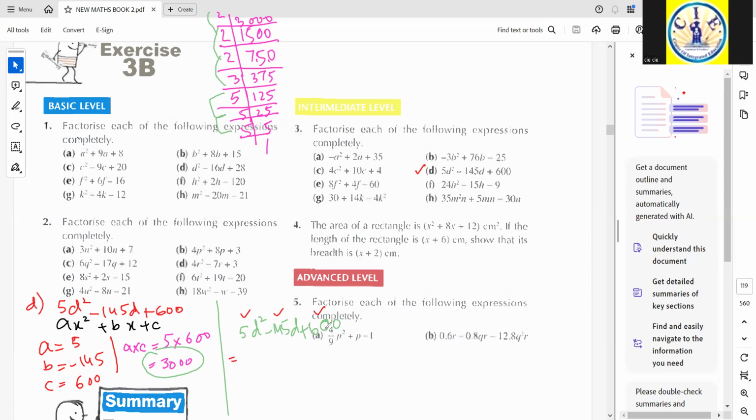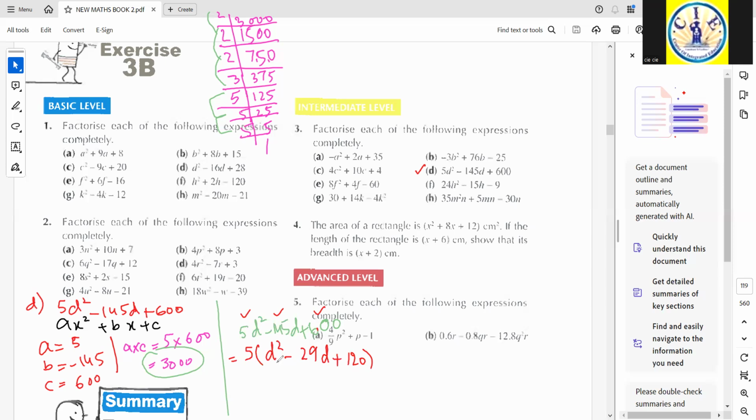So can we take 5 common out of these? Yes. And this would also simplify the question. 5 twos are 10, 5 nines are 45, d, and 5 ones are 5, 5 twos are 120.